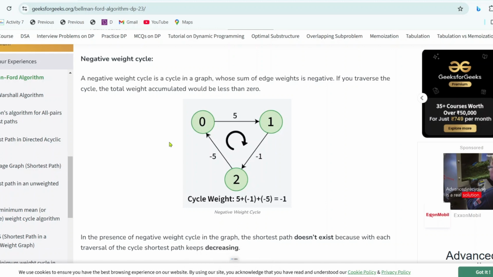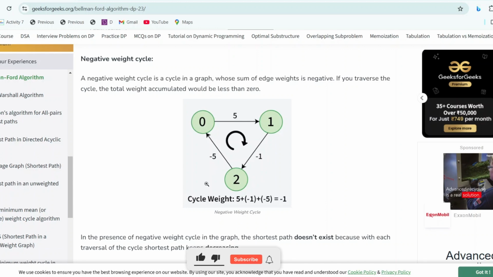But in this graph, if we travel from 0 to 1, the weight is 5. If you travel from 0 to 2, that means 0 to 1 and then 1 to 2, the total weight is 5 plus -1, so the total weight is 4. Then if you travel from 0 to 0 itself, it means 0 to 1, 1 to 2 and then 2 to 0, the total weight is 5 plus -1 plus -5, which is -1.